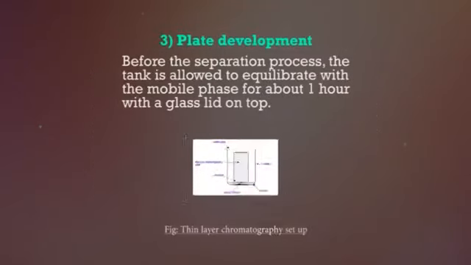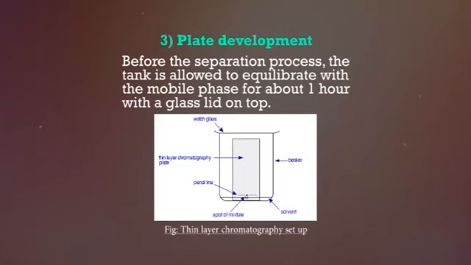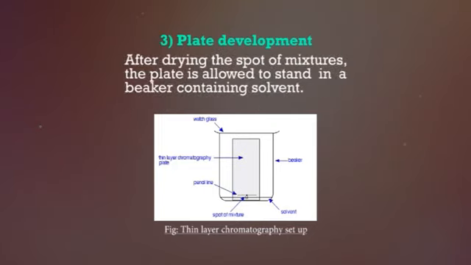Third one is the plate development. Before the separation process, the tank is allowed to equilibrate with the mobile phase for about 1 hour with a glass lid on top. After drying the spots of mixtures, the plate is allowed to stand in the beaker containing solvent.